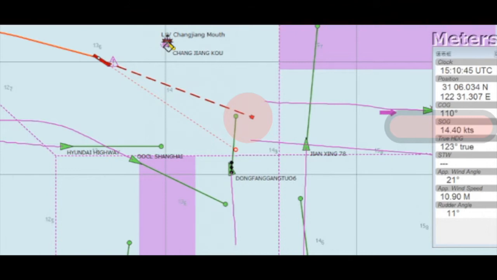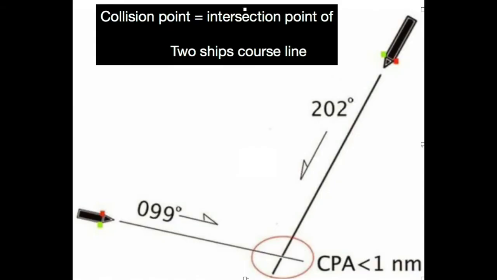Originally the speed was 8.5 knots. The third concept of collision is: the more speed you have, the more collision risk you will have. Then we will explain with another picture.